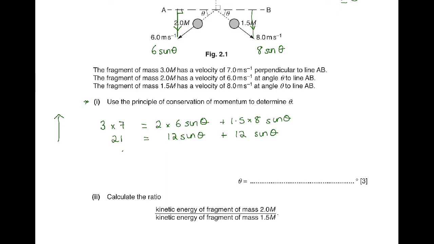So what we've got is that 21 equals 24 sine theta. And rearranging that gives us sine theta as 21 over 24, which will give you 0.875. And if you do shift sine on that, you will get 61 degrees.